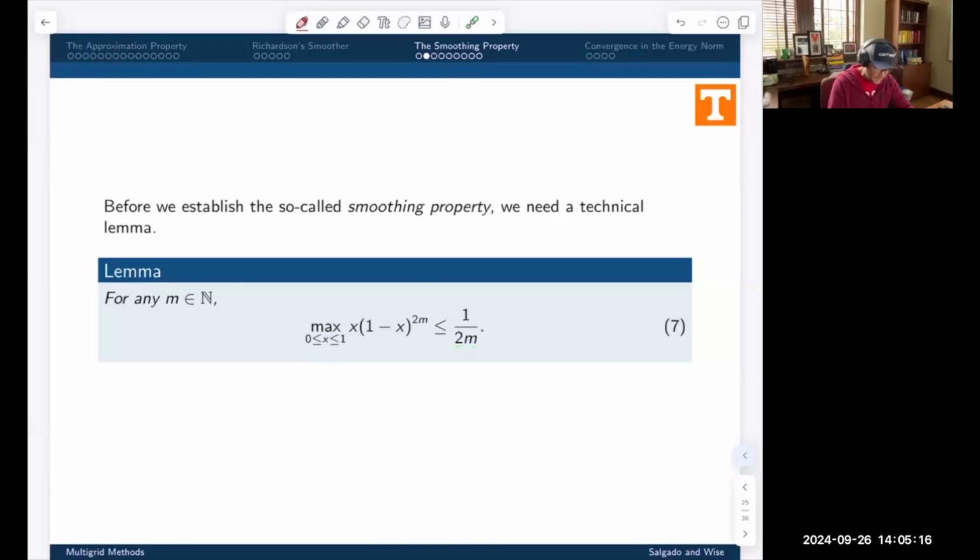So in other words, this function, and I probably should have observed what this function looks like, I think it looks something like that between x equals 0 and 1. And all we're saying is its maximum, which can be obtained by using the derivative, is less than 1 over 2m. Okay, so this is what we want to show. This is a technical lemma that we're going to use to prove a more general or more important result.